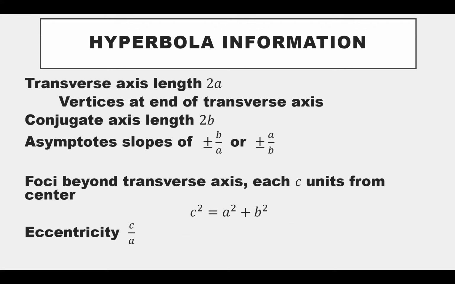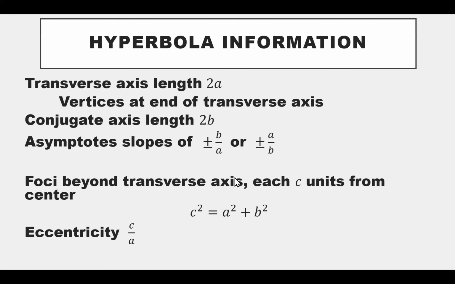Transverse axis is length 2a. Vertices are at the end of the transverse axis. Conjugate axis is length 2b. Asymptotes will have slope either plus or minus b over a or plus or minus a over b, depending on which version of the hyperbola I have.